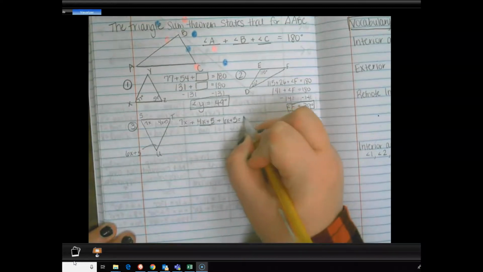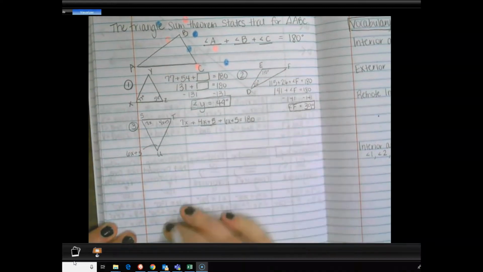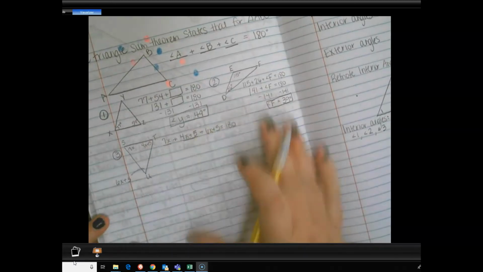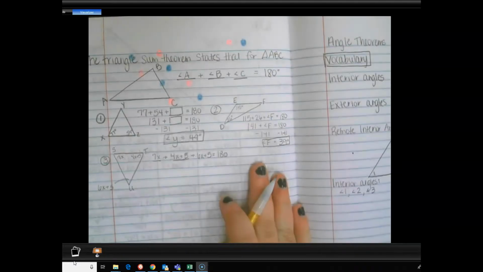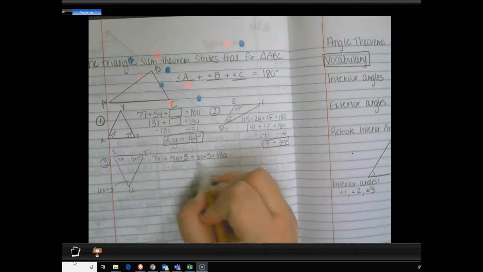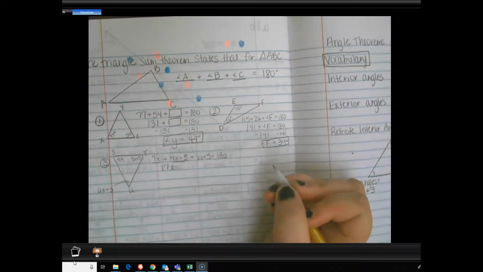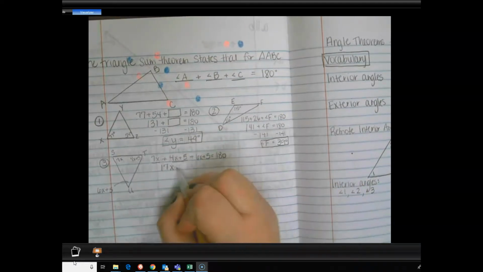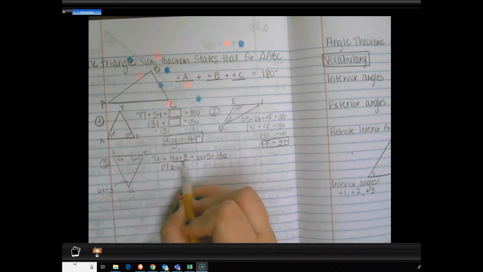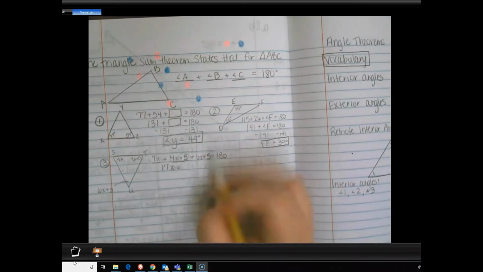We know that all three of those together are going to equal 180 degrees. But I need to combine like terms, and we've already learned how to do that earlier in the year. So we have 7x plus 4x, which is 11x, plus 6x, so that's 17x, plus my numbers that are by themselves. I have a plus 5, a plus 5, so I have plus 10.